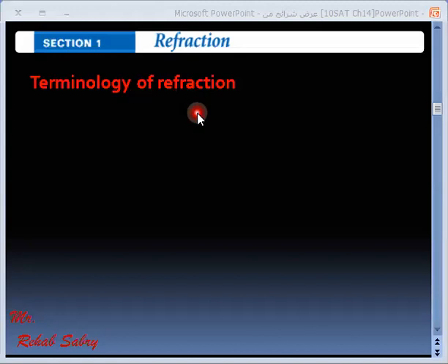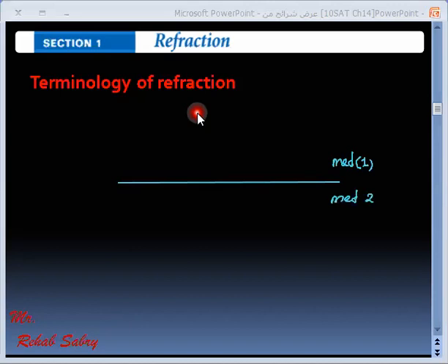Now, for anything, we agreed together that to talk about refraction, we have to determine the boundary between the two mediums. Okay, so we have here medium 1, and here we have medium 2.